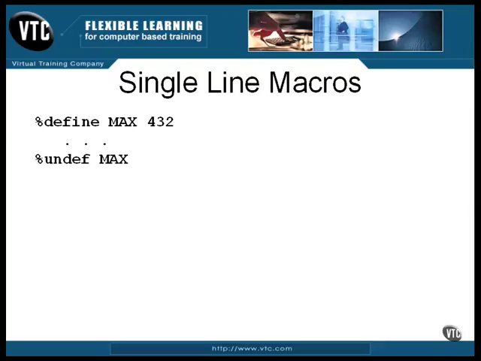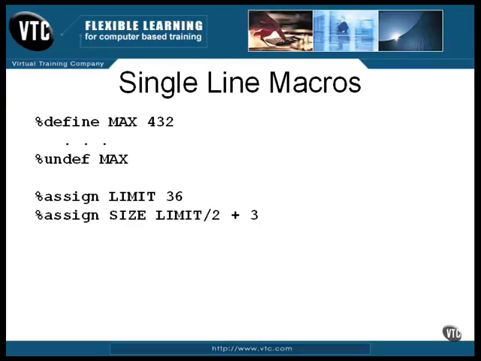Similar to define is the assign preprocessor directive. You can use it as a one-line macro to define a numeric value. It will accept an expression, so you can use it to calculate the value. Unlike the define statement, the evaluation is done with the assign statement only once at the point of the assign statement.